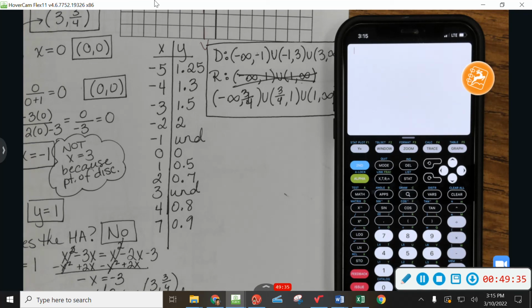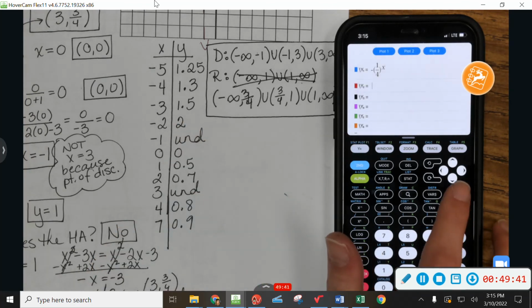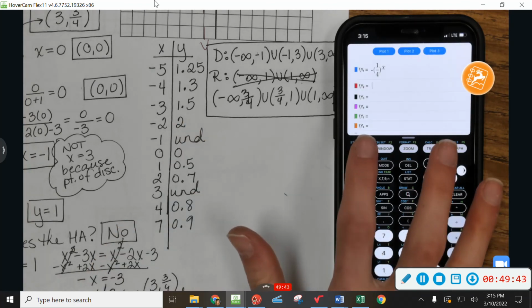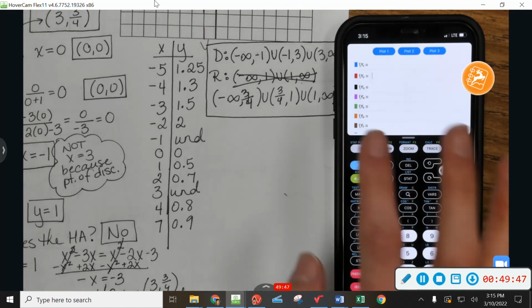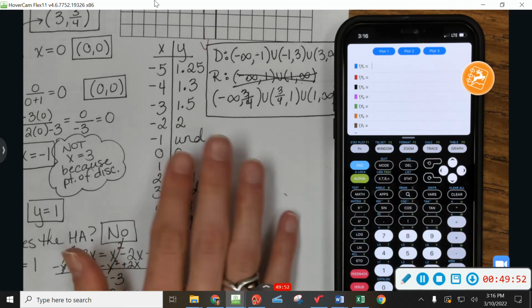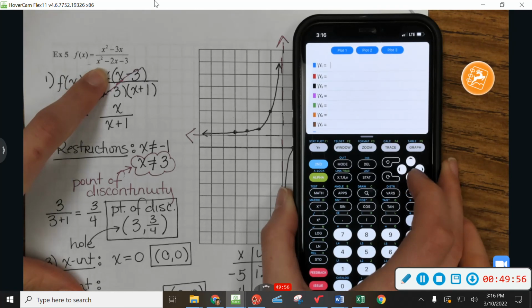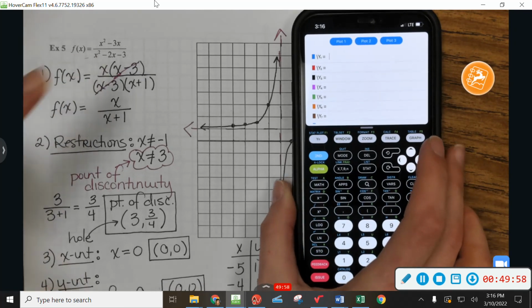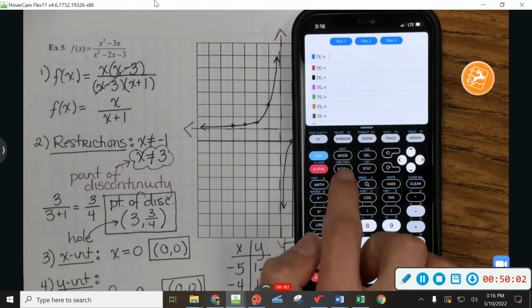So how do you plug in the function? Well, you go to y equals in the top left. Alright. Y equals, to get a fraction, this is what I would write down. Hit alpha, and then the button right next to it. You see how in green it's frac? That's for fraction.